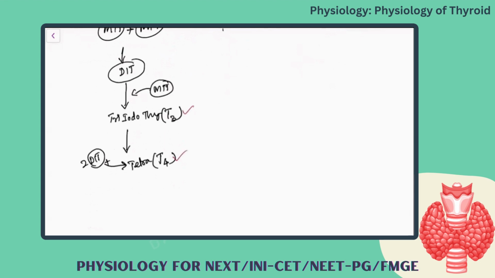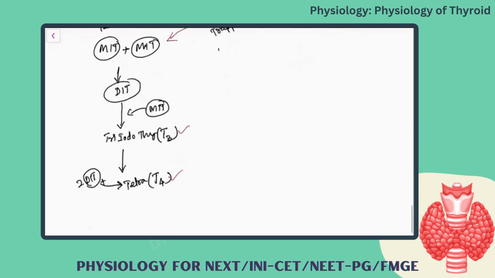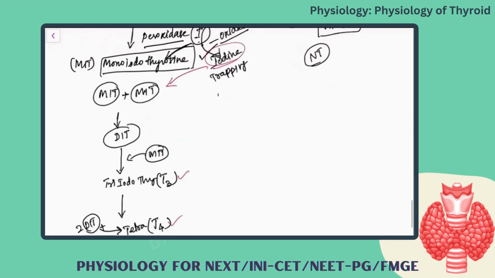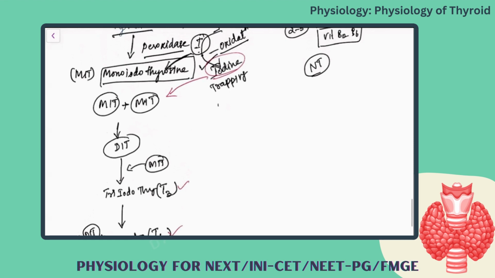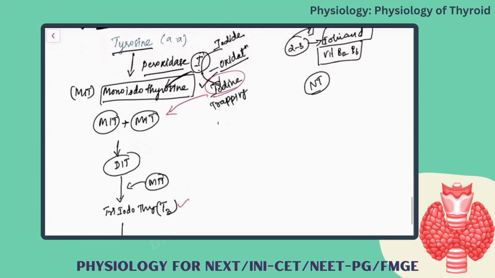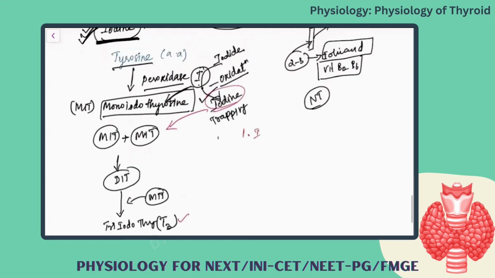Okay, clear? If you see the series of steps, the first one you call iodine trapping in the follicular cells. Later on, the oxidation process where iodide is converted to iodine.